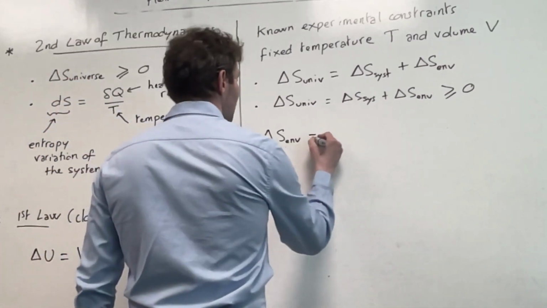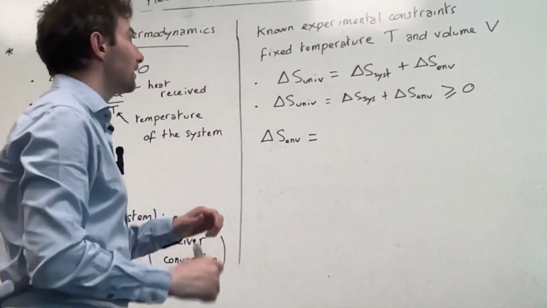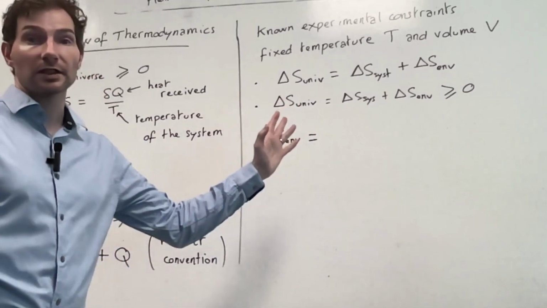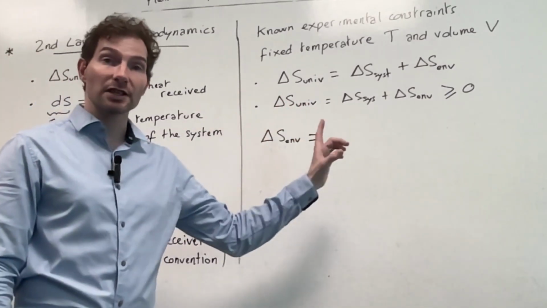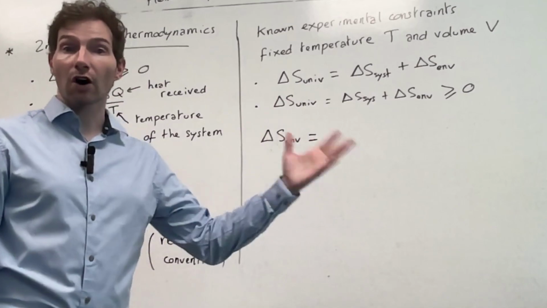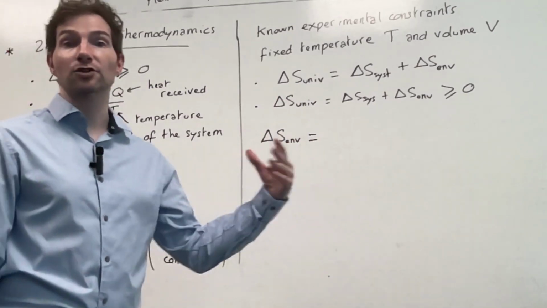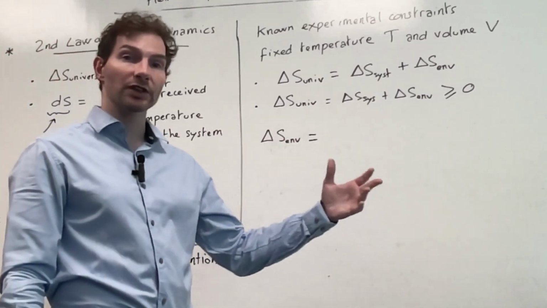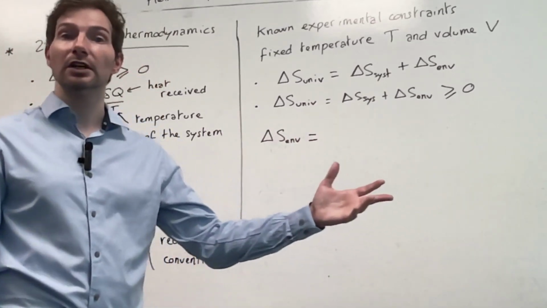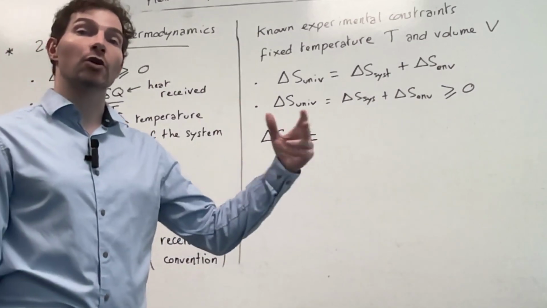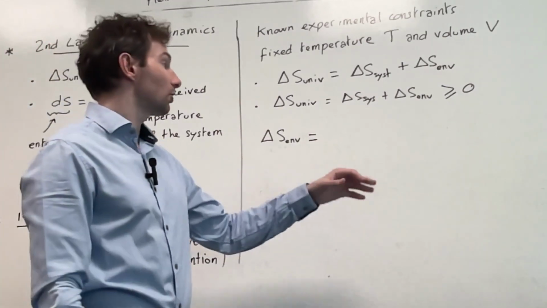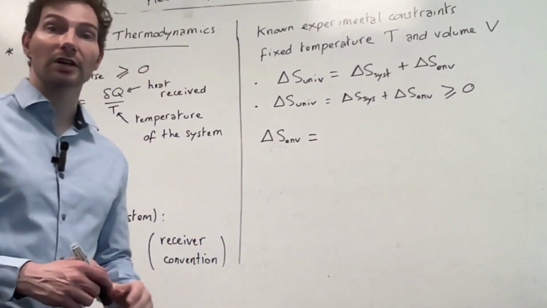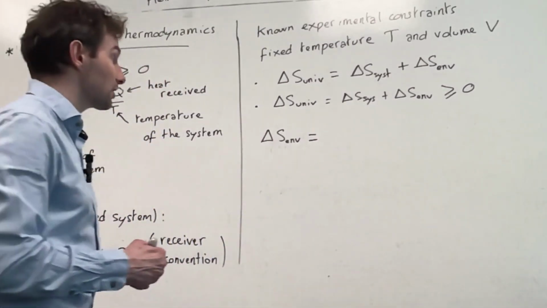If I apply the fact that the temperature of my system is constant, then in a sense it means as well that the temperature of the environment has to be constant, if I assume any exchange of heat, for example, happening between the two. So if I assume the exchange of heat is not 0, then I'm obliged to say that the temperature of the environment is the same as the temperature of the system.